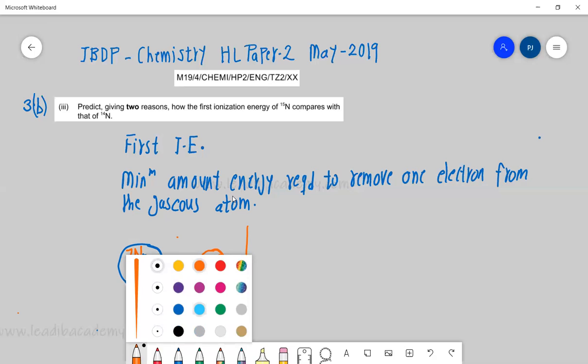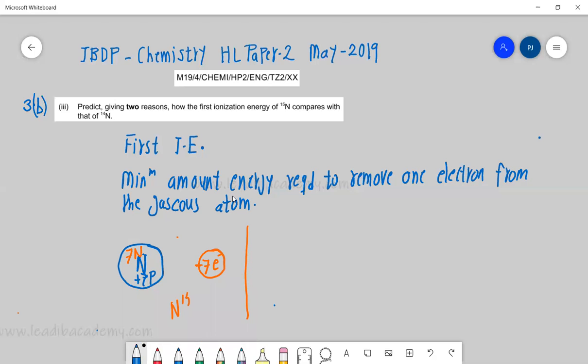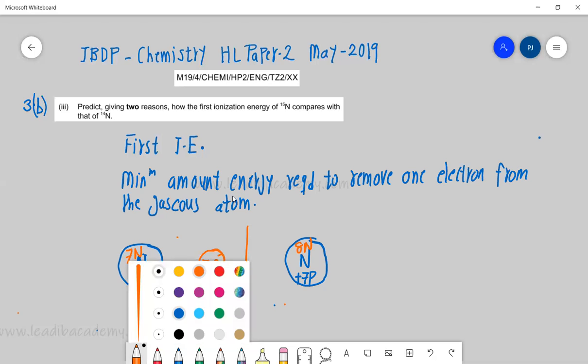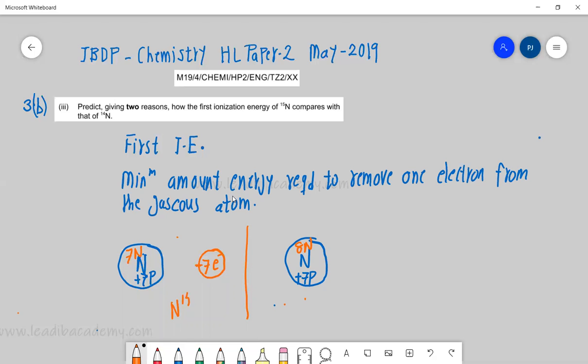Now let's compare it with N15. In N15, the protons cannot change because it's an isotope. What is going to change are the neutrons, 8 neutrons. And what about the electrons? The electrons are identical, 7.